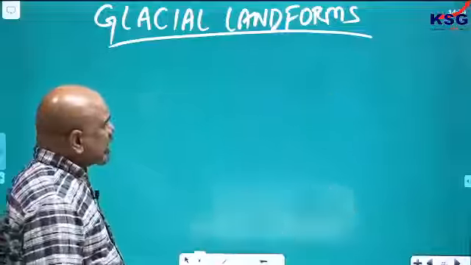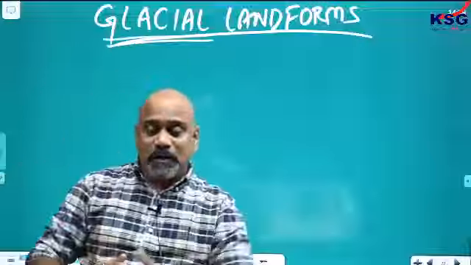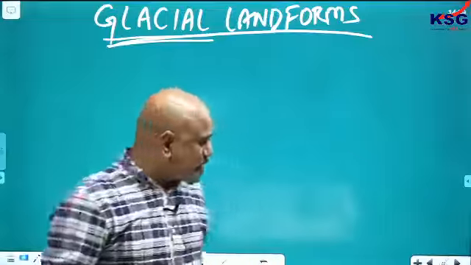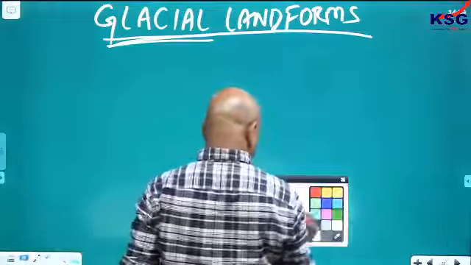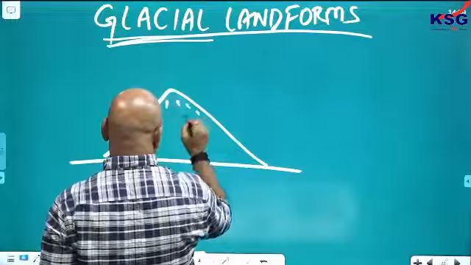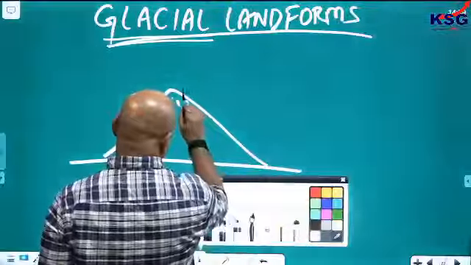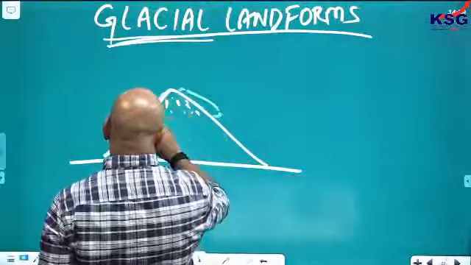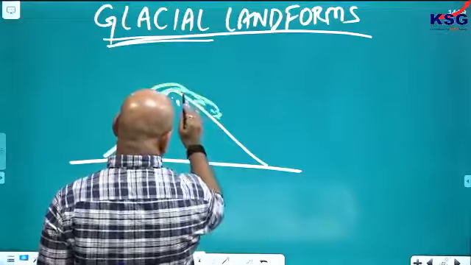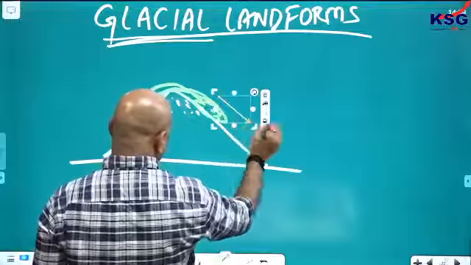Let us look at glacial landforms now. What is a glacier, do you know? Glaciers are moving rivers of ice. There is a huge accumulation of snow in a particular region. Look, you have a mountain here, and because of this mountain the snow gets accumulated here. Now because of the accumulated snow, it tries to go away from here.